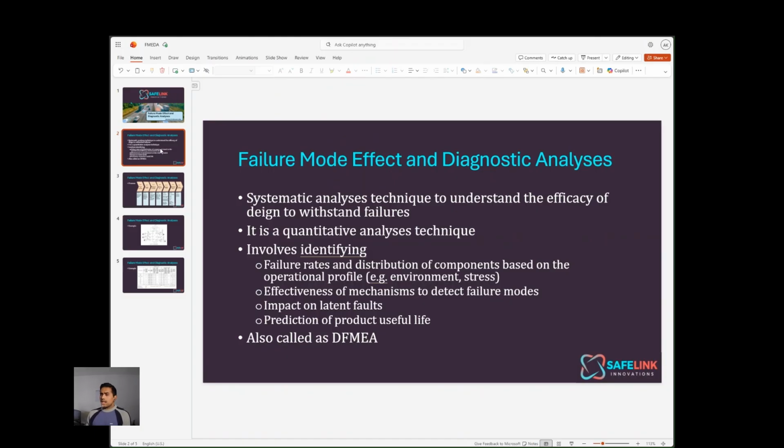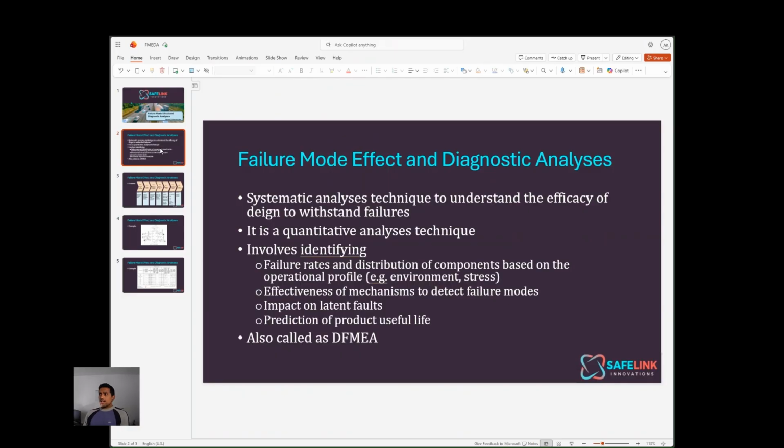a systematic analysis technique which one can use to understand how good a system is when it comes to handling failures. How good can it react to it? How good can it detect it? And how good can it remain in a safe state once it detects it?